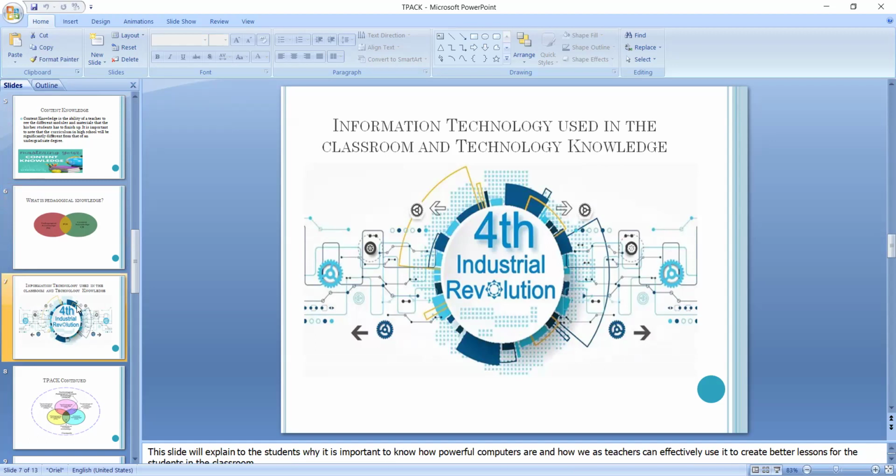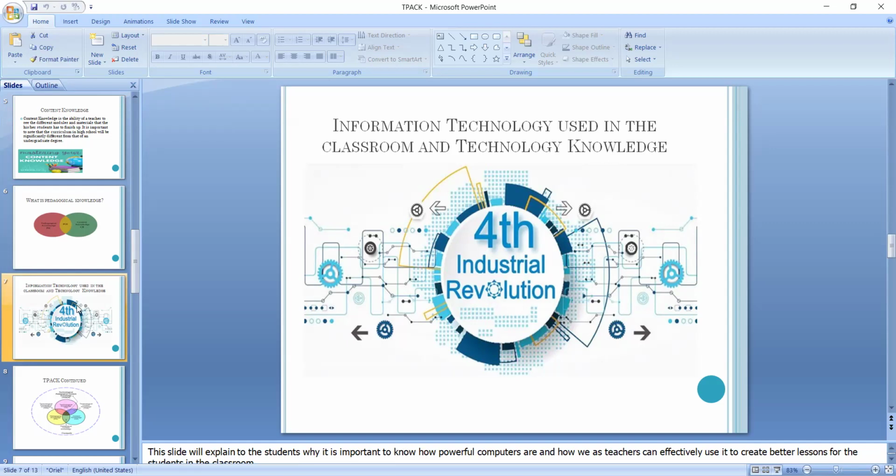So if we go over to the seventh slide, which is information technology and technological knowledge. Information technology is what it says it is: using computers, tablets, smartphones, and devices for educational purposes. We can also look at YouTube videos in the classroom as well as using applications. However, simply being aware of all these devices does not mean one knows how to use them and enhance their students' abilities.